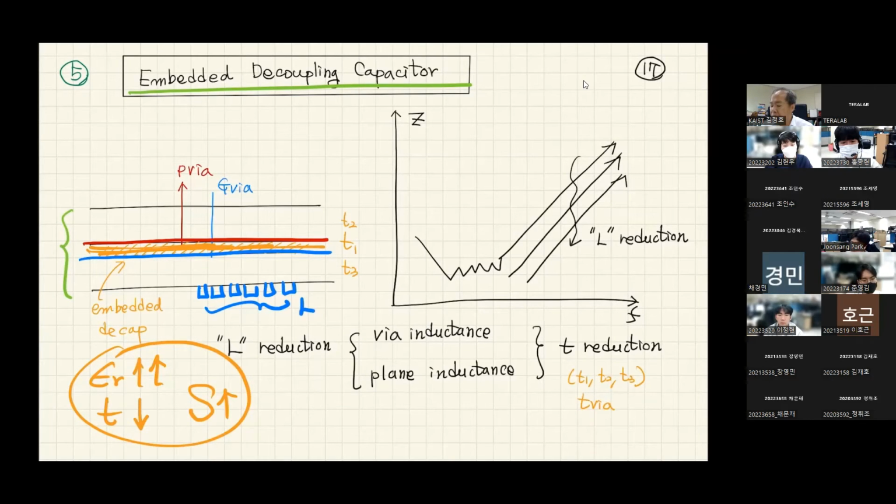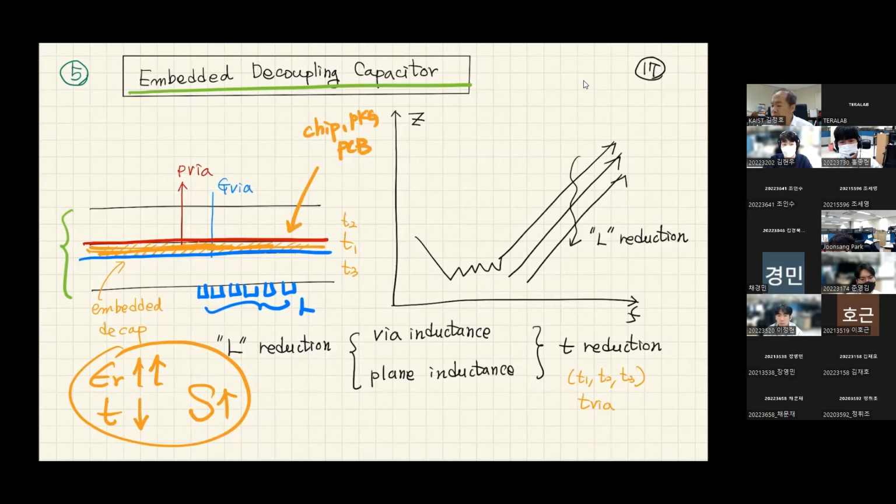So we want to find a capacitance which has a smaller inductance. How to do that? We are designing the decoupling capacitors inside your chip or package or PCB substrate.